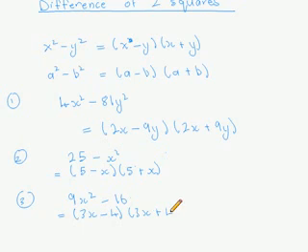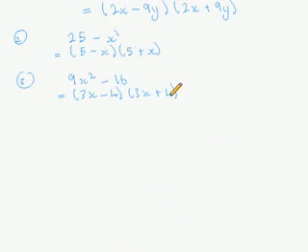3x plus 4. Okay, just to prove that this actually works, if I expand this out again, 3x multiplied by 3x is 9x squared. 3x multiplied by 4 is plus 12x, minus 4 multiplied by 3x is minus 12x, minus 4 multiplied by 4 is minus 16.